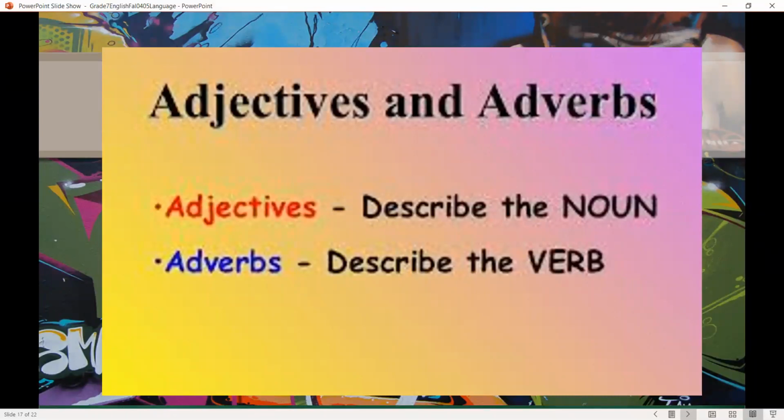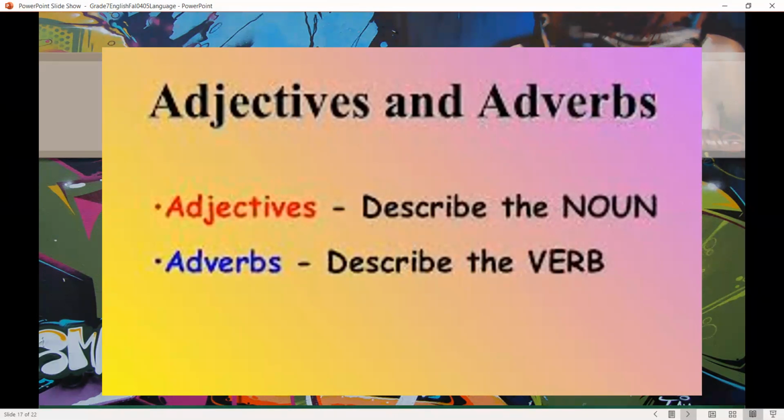When you find adverbs, say for example, I'm going to give you a sentence now, and I want you to listen carefully to see if you can find the adverbs. I'm going to read the sentence a few times so that you can maybe jot it down and see if you can work it out.